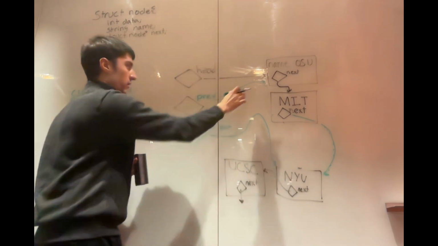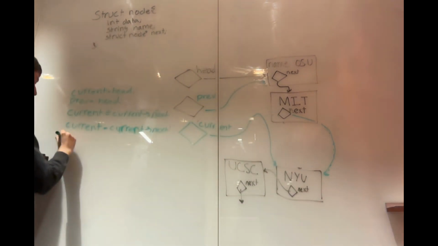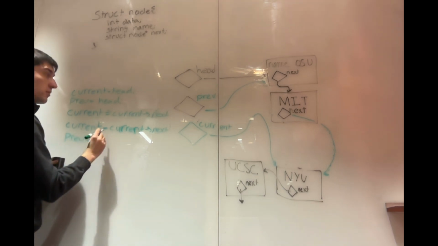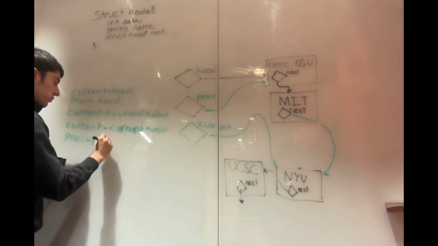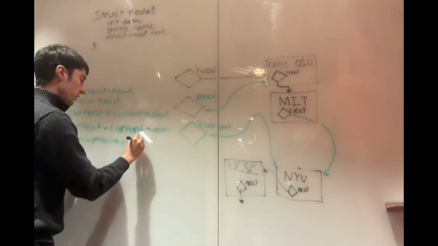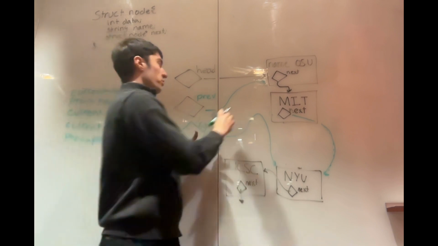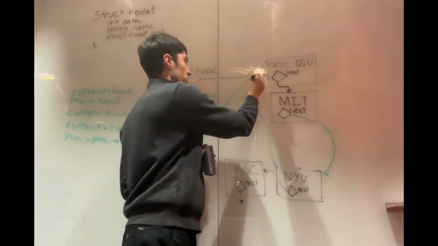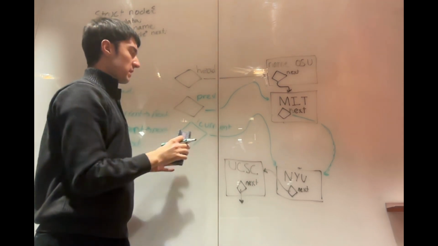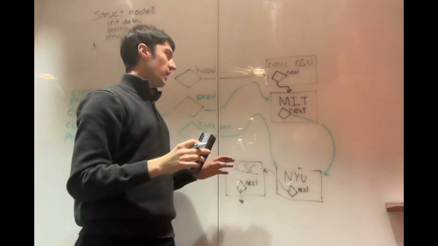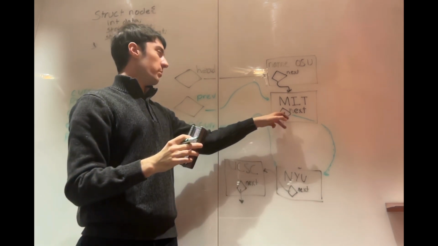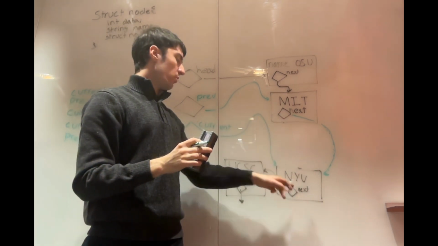Like that. And now previous equals MIT. So previous equals prev next. Okay, so previous comes down to be MIT now. So now we have things set up. We have access to the element above and below where we need.